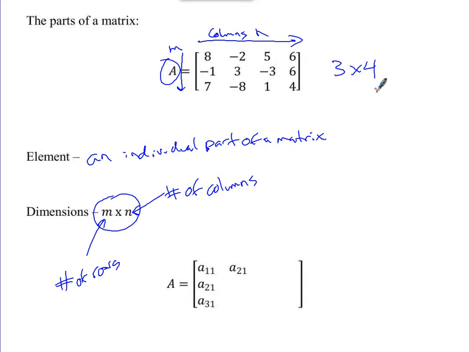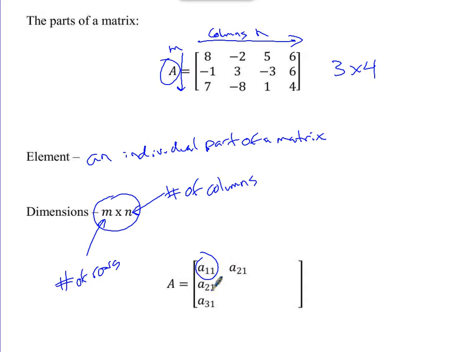So each one of these elements has a name. If the name of my matrix is capital A, then each element is called little a, and then you call it with a subscript which position it's in. So we are in the first row and the first column. That's why this guy right here is called a1,1.